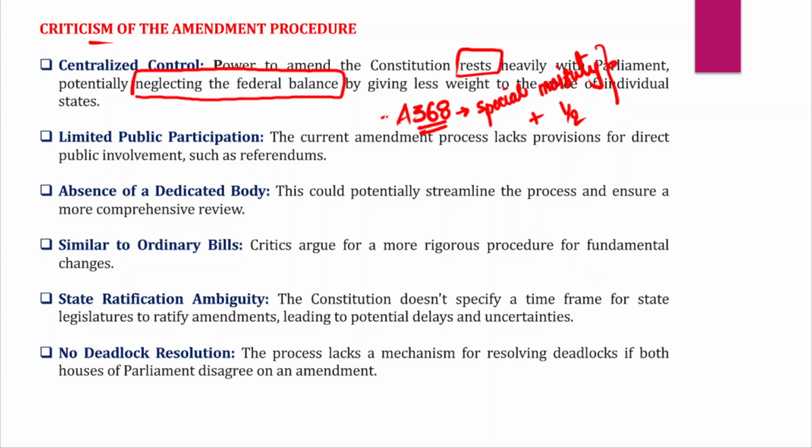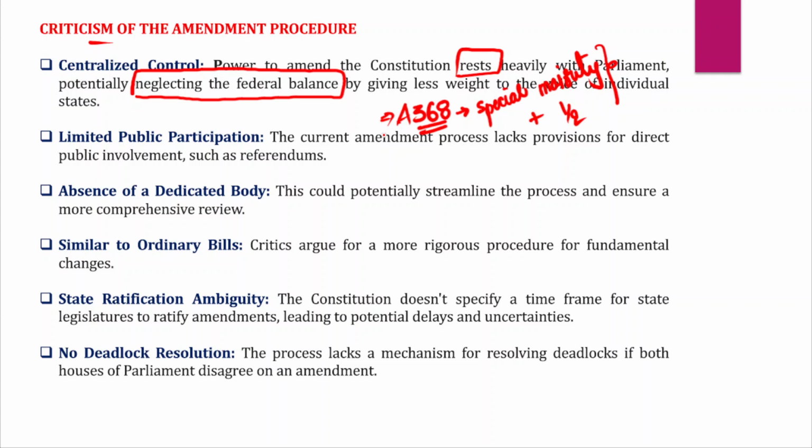So this is the only case where the state governments or state legislatures also have a role in the amendment of the constitution, right? So we have a federal structure. In a federal structure, states should also be given adequate weight when it comes to the amendment of the constitution.